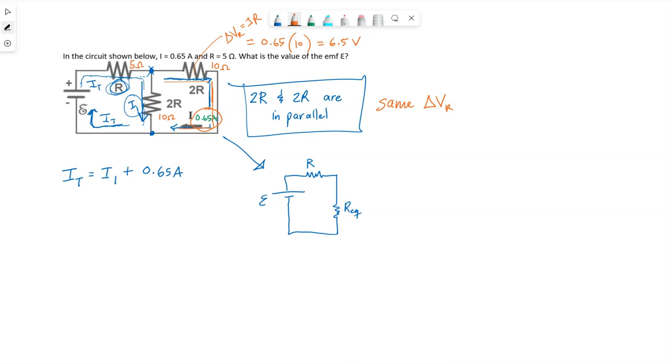Okay, I'm going to do some erasing here. Hopefully that doesn't throw anyone off. So we now know there's 6.5 volts for this resistor, but that means there's 6.5 volts here as well because they're in parallel. They have to have the same voltage. Using what we mentioned before, now for this resistor, I know it is 10 ohms.